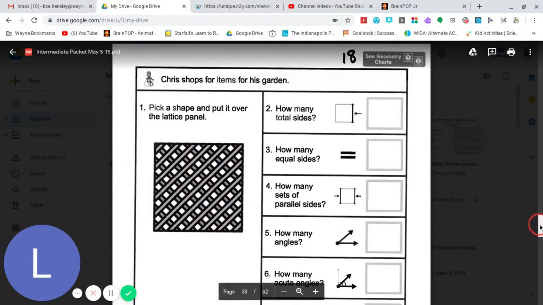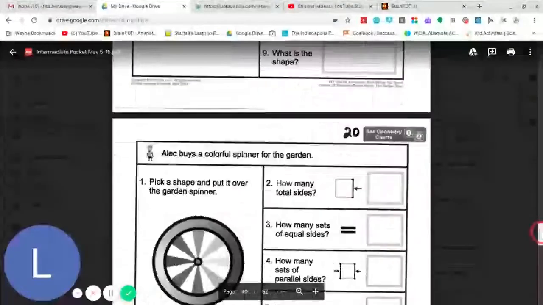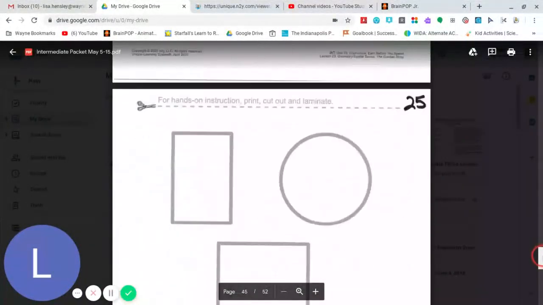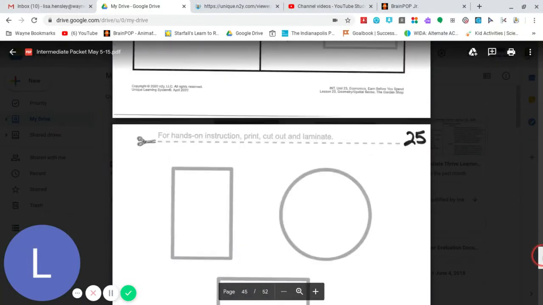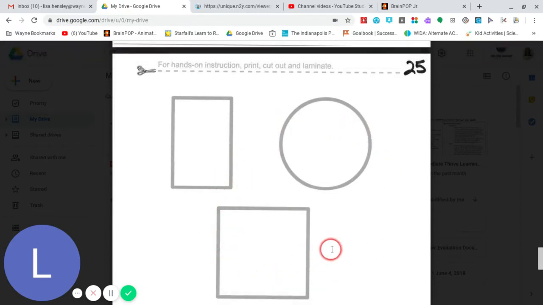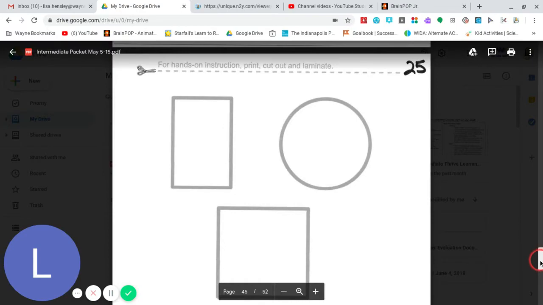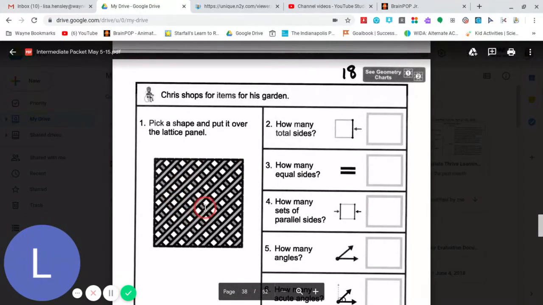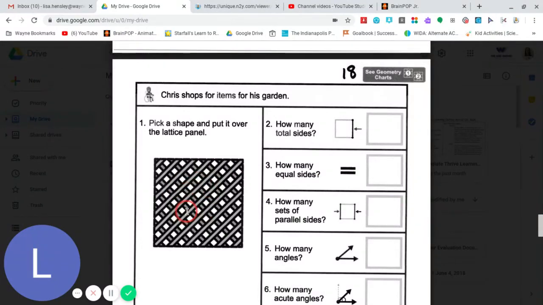And then you could use, on page 25, I provided some shapes for you if you want them. These shapes right here, there's 3 of them. You could cut out the shape that you need and put it on top of this shape if it helps you to understand what shape this is.